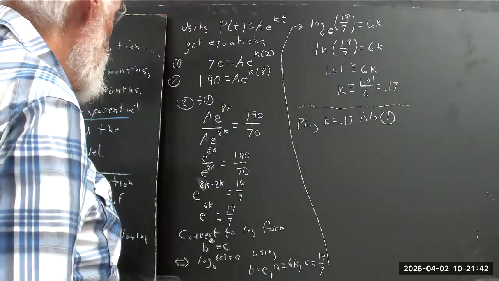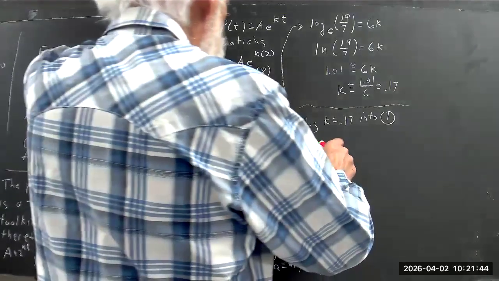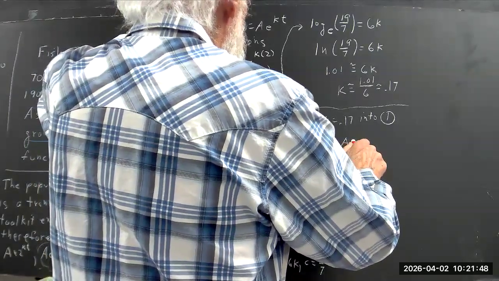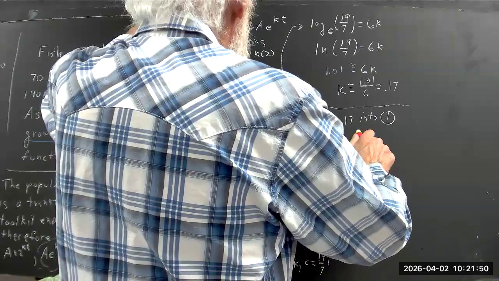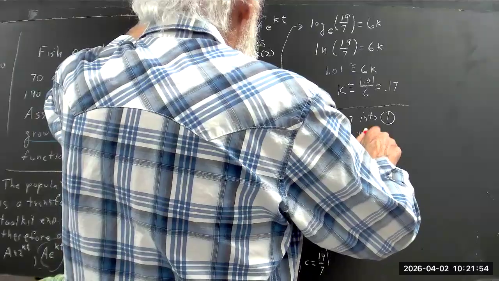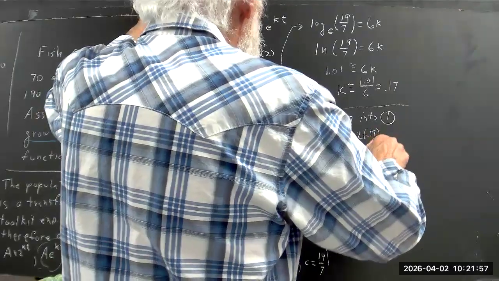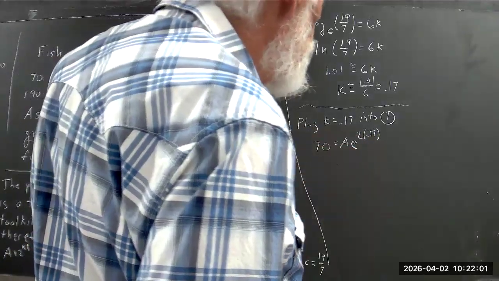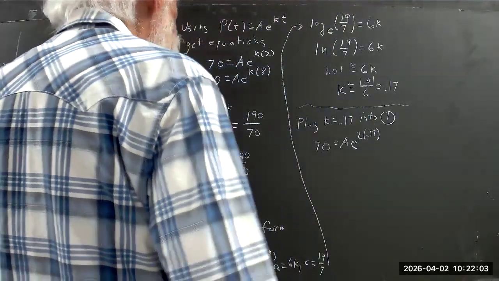And we get 70 equals A e to the 2 times 0.17.